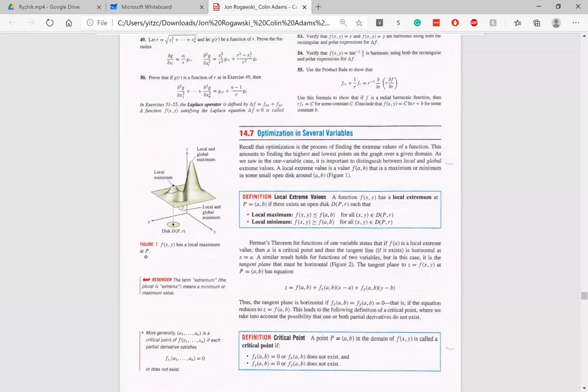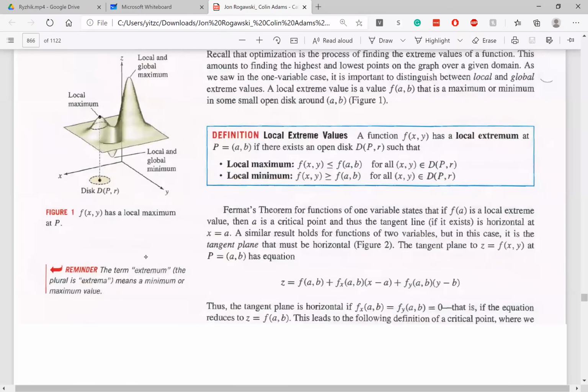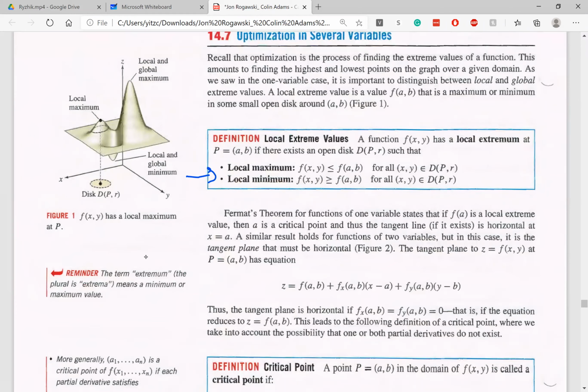So the notion of a local max and a local min are pretty simple. It's a point such that for the local maximum all the points near it are less than it. Same thing with local minimum, all the points near it are bigger than it.